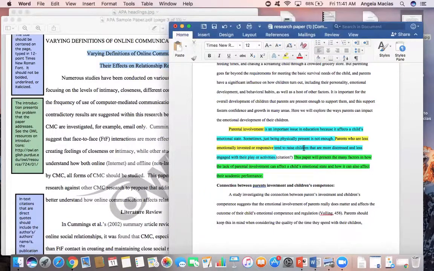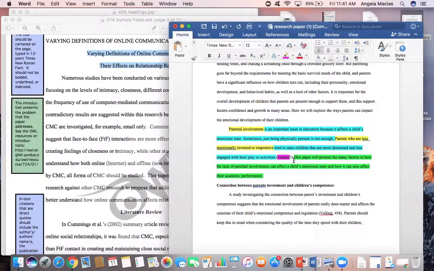Parents who are less emotionally invested or responsive tend to raise children that are more distressed and less engaged with their play or activities. Okay, this would be great, again, if we had a citation. If not, then we need to be thinking about how can I maybe say something a little less of a strong statement that will not require a citation, like, you know, more emotionally involved parents can promote better engagement or something like that.